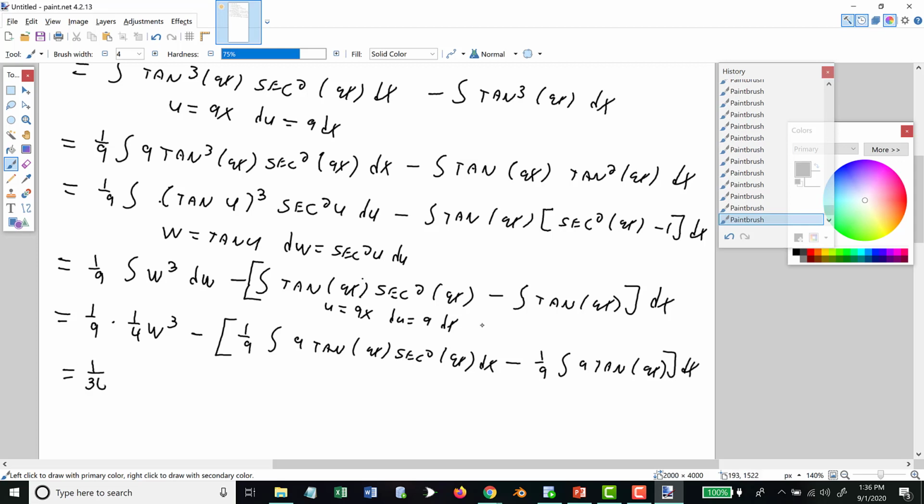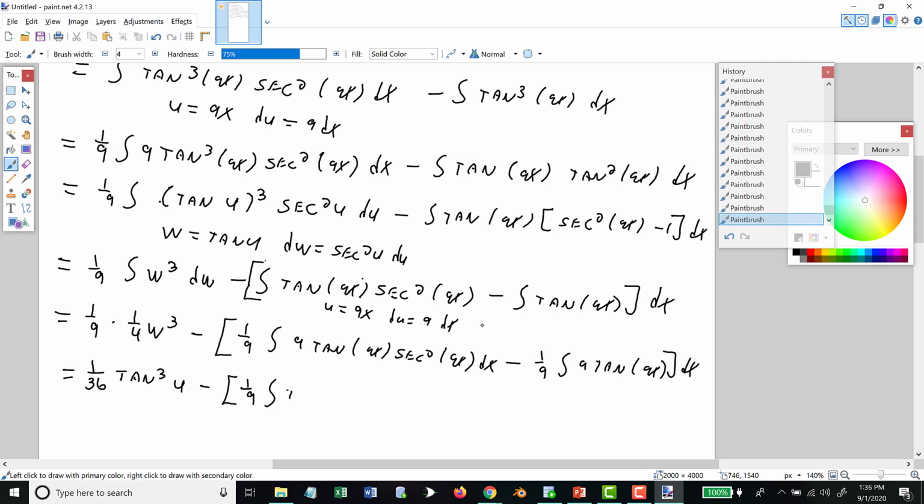that's 1/36. W, I said, was tangent, so I'll plug that back in. Tangent to the 3rd power of u, minus, that becomes 1/9 the integral, and the 9x gets replaced by u, and 9 dx gets replaced by du.